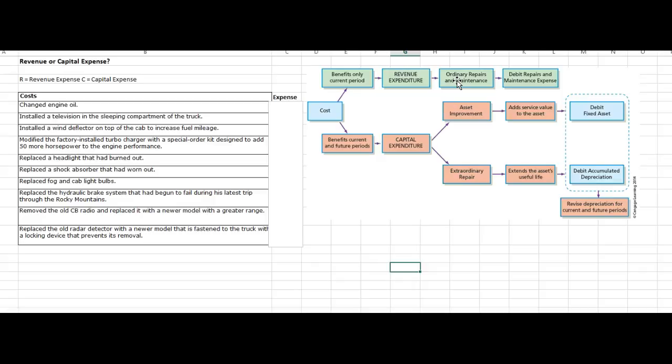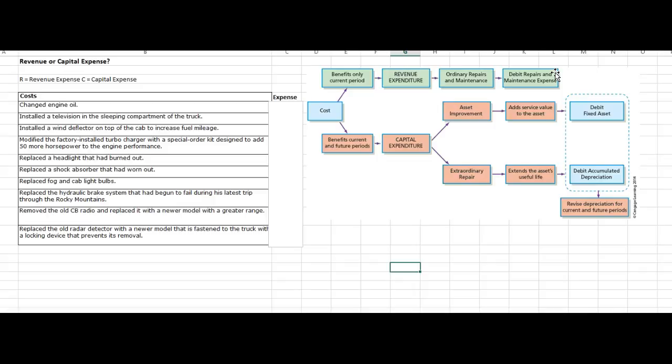You write it off or put it into the income statement as an expense immediately. What you would end up doing is debiting repairs expense or maintenance expense and crediting however you paid for it, be it a credit card, be it accounts payable, or directly out of cash.